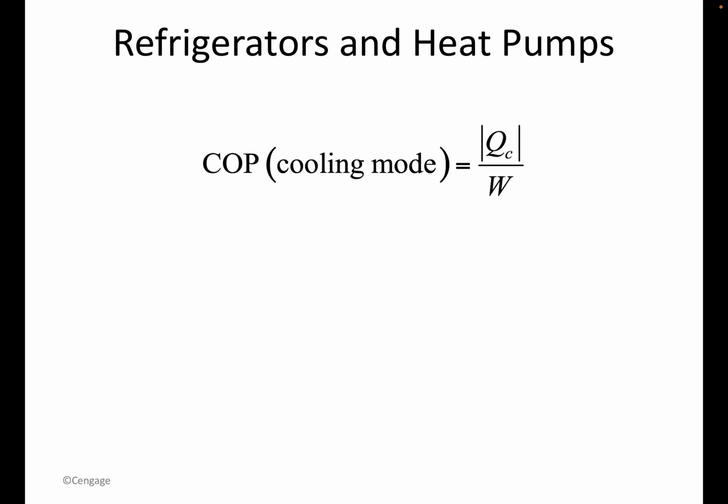And the coefficient of performance for a refrigerator or air conditioner is given by this equation. The work we need to do is W, and the heat we absorb from the cold area is QC.